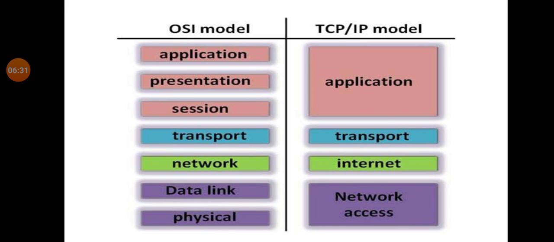So in this layer, the host must be connected to the network, because the host has to send some IP packets. To do that, it must be connected to a network, and whatever protocol the network access layer uses varies from host to host and network to network.